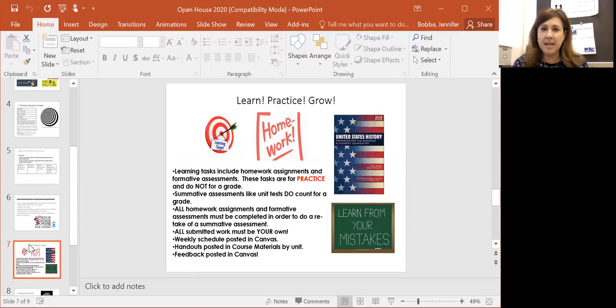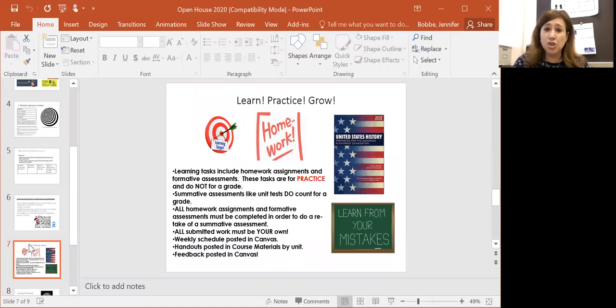That means that even though these scores get entered into Infinite Campus, they do not get calculated into the student's grade. They're there for the student as well as you to see how the student is progressing within that unit. So these formative assessments, as they are called, will be labeled with an F afterwards so that you know that this was something done for practice.